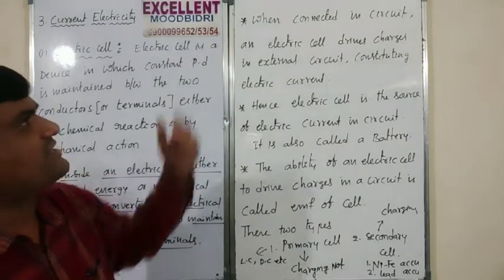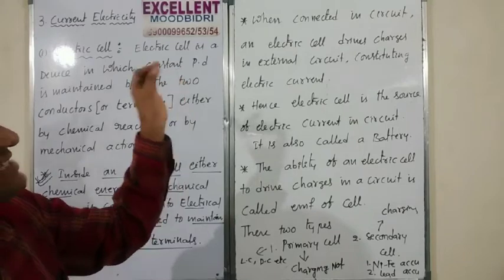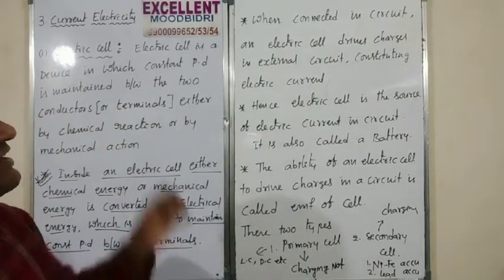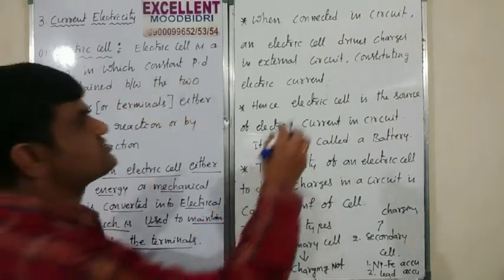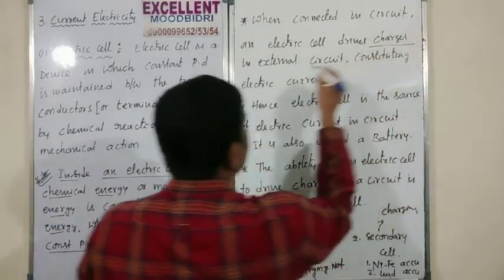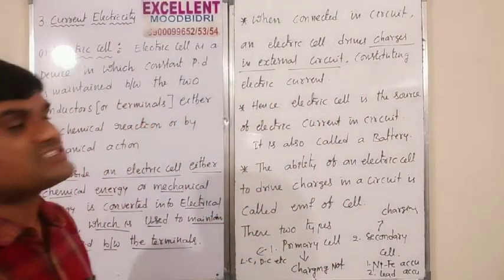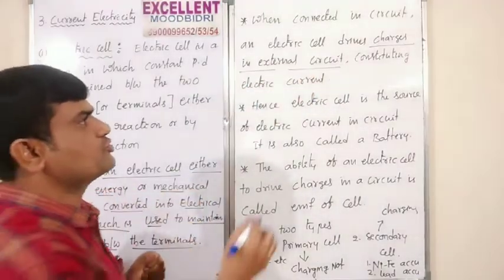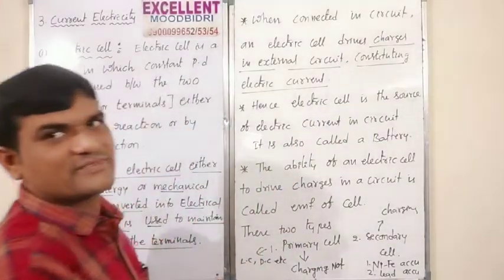And also one more point. When connected in a circuit, an electric cell drives charges in the external circuit. This one is most important. Charges in the external circuit constitute electric current.